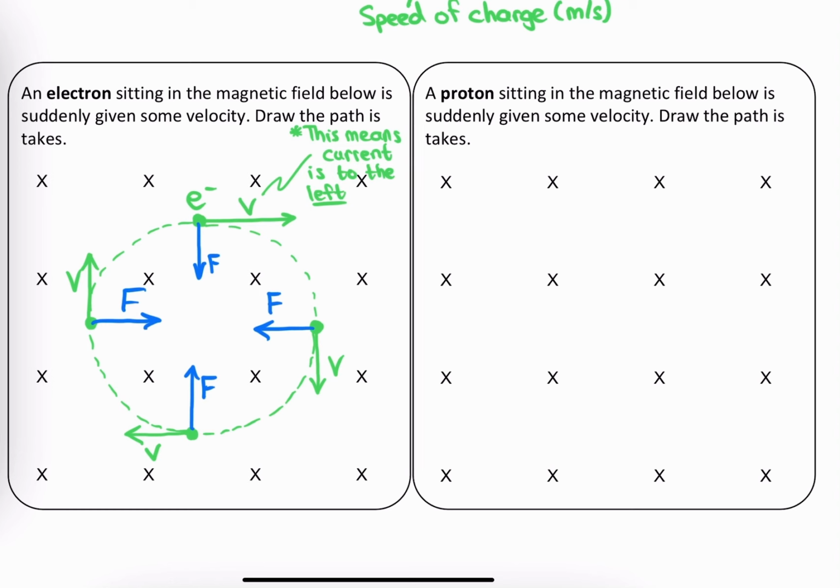And we have this, the force is always towards the center of that circle. So note that the magnetic force on the charge, in this case, provides a centripetal force.